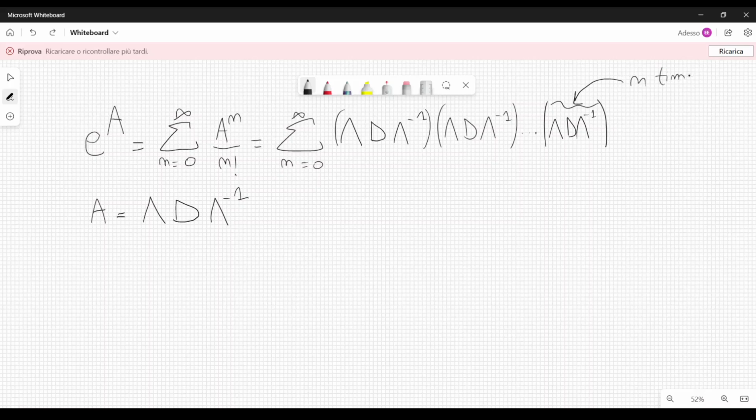And then I have to sum over n. And also remember to divide by n factorial here, right?